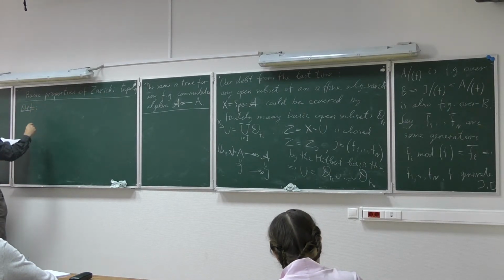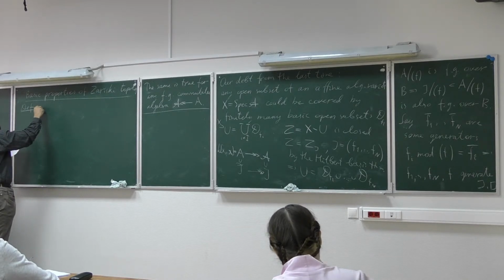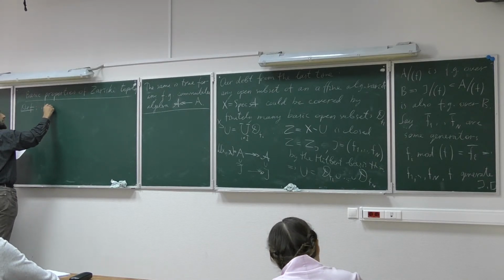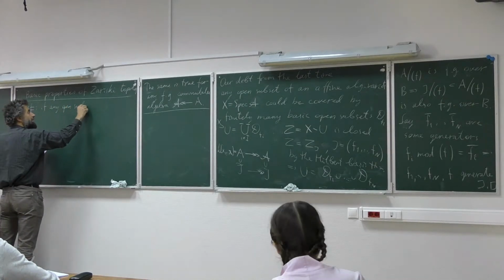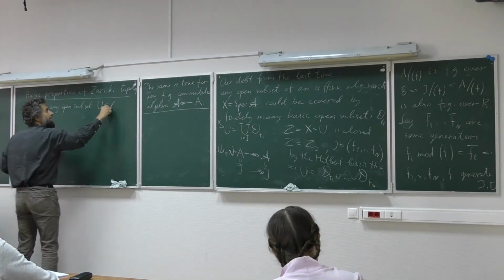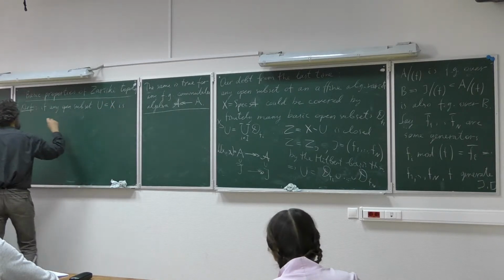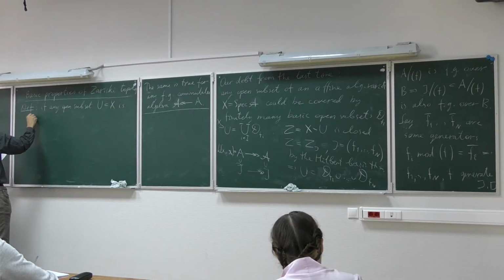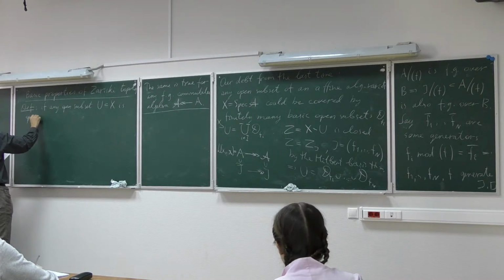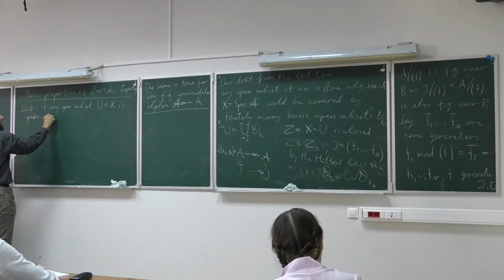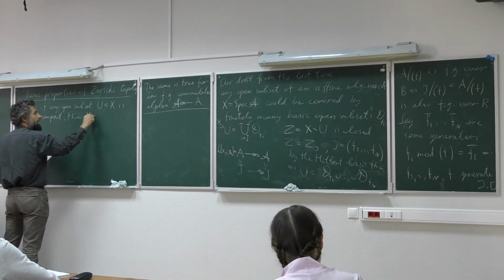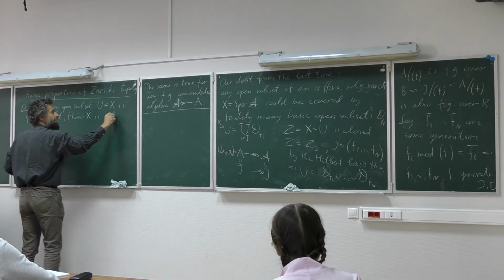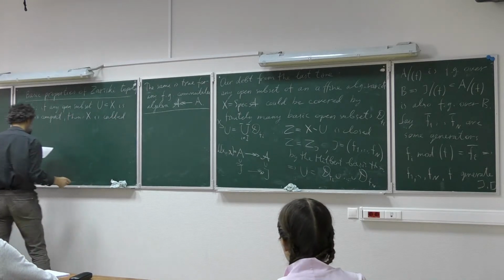Say the first definition is that if any open subset U in X is quasi-compact, then X is called Noetherian.